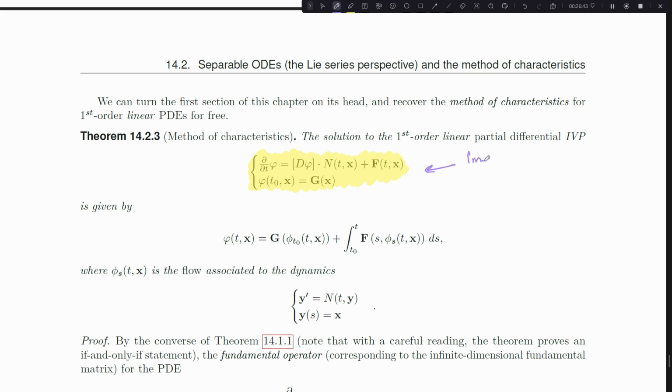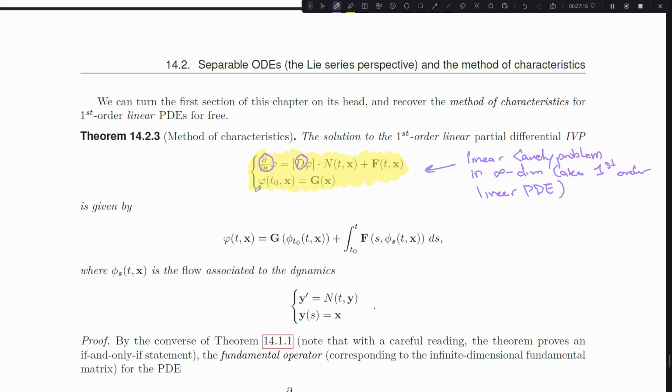This is a linear Cauchy problem in infinite dimensions, aka a PDE. This is a first order linear PDE. First order because there's one derivative and there's another derivative. I have a derivative in space with capital D and derivatives in time, partial t.